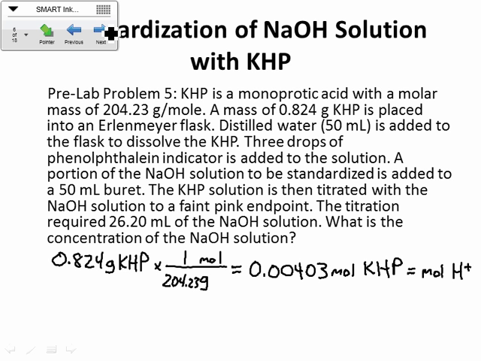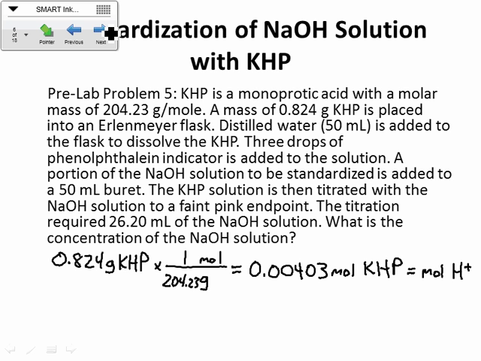Now this titration requires 26.20 milliliters of the NaOH solution. So we want to know what's the concentration of the NaOH solution. We know how many moles of H+ we added. And the other thing we have to remember is that at the equivalence point, the moles of H+ is going to be equal to what? Well, it's equal to KHP, but what else?